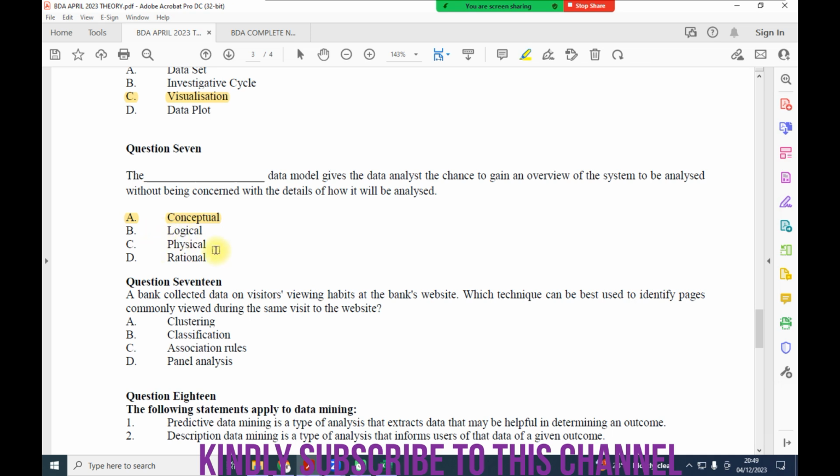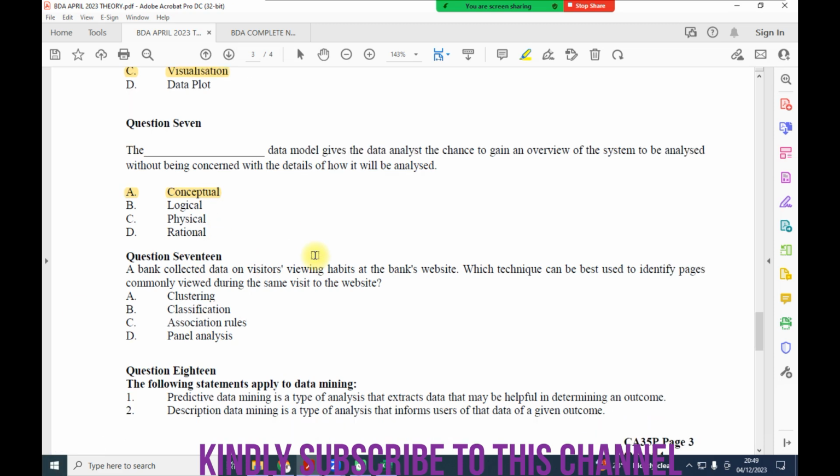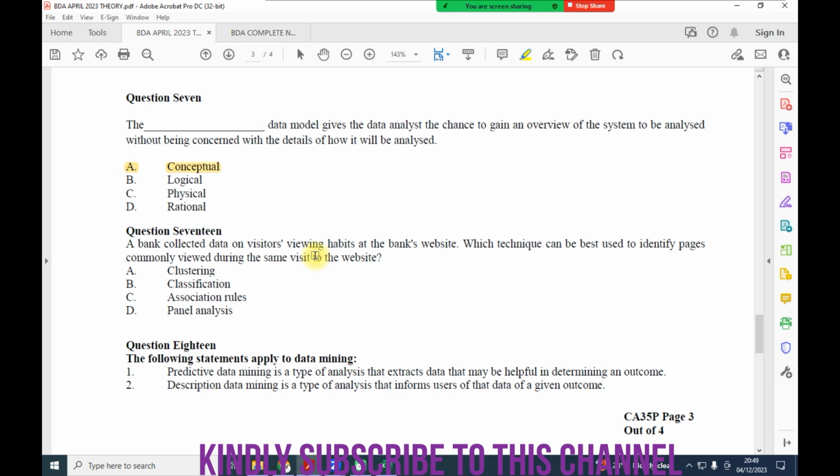Physical is only to implement the database, where we shall store it, how we shall access that particular database. That is under the physical. Relational is not there in that particular case. So the one that gives the analyst a chance to gain just the overview is the conceptual.